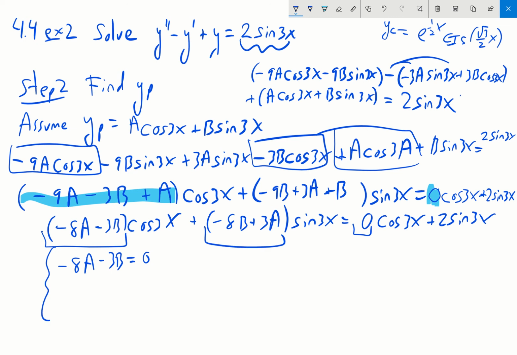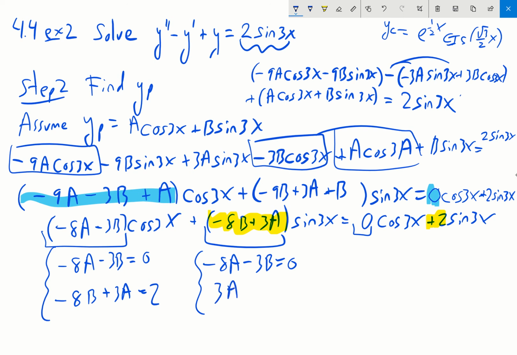And the coefficient of the sine of 3x term, which is this guy here, should match the coefficient on the right-hand side, meaning that negative 8b plus 3a should be equal to positive 2. And as a linear system, it's good habit to write the coefficients on the left-hand side in order. So I'll put my a terms first, and then my b terms second. I'm just going to flip-flop these two.